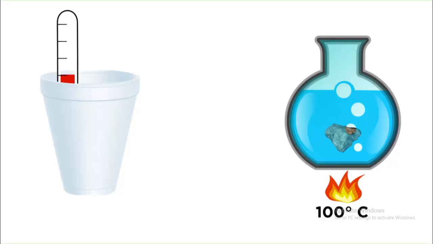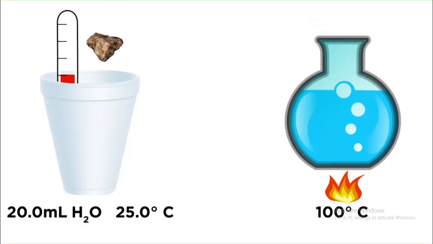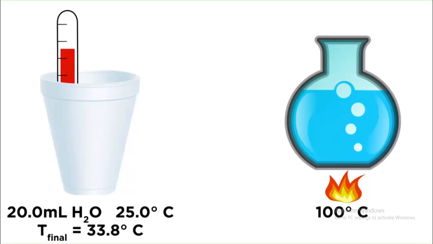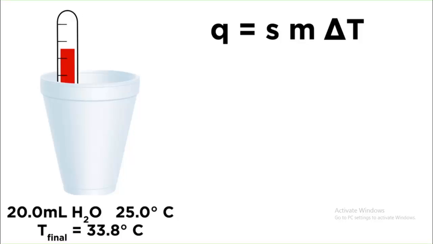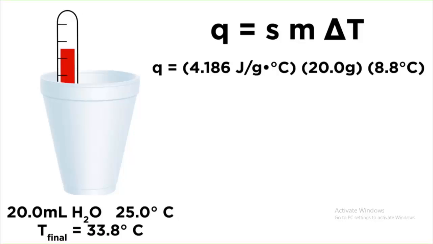Then, with tongs, you place it in a coffee cup containing a known volume of room temperature water with a thermometer. The water in the cup will heat up slightly as the heat from the metal flows into the water, and we can record the resulting temperature change. From there, we just do some math. We use the specific heat equation and plug in the data for the water.